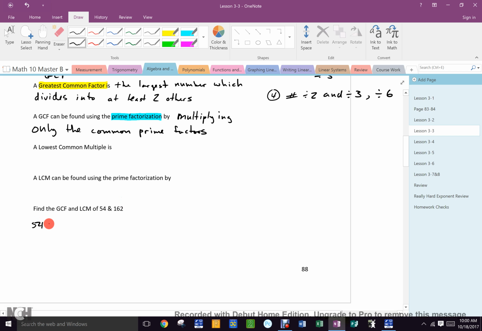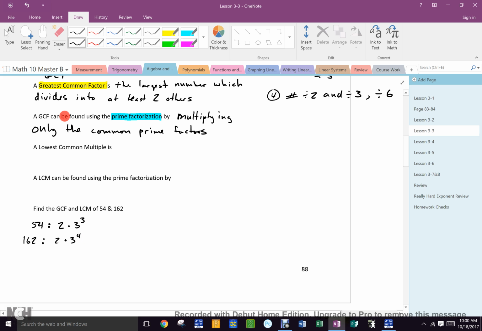So 54 was 2 times 3 cubed, right? We just did that up at the top of our page, right? And 162 was 2 times 3 to the 4th, right? Everyone agrees?